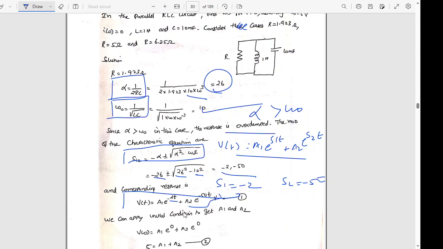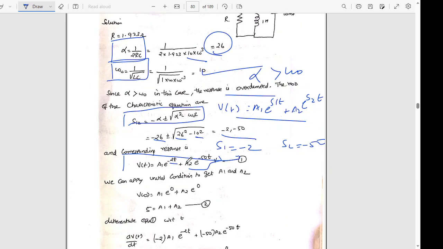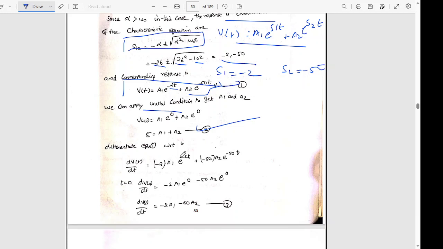Now we need to find the constants a1 and a2. The constants we can find by applying the initial condition. First put t equal to 0: v of 0 equal to a1 e power 0 plus a2 e power 0. So we will get v of 0 equal to a1 plus a2. That is equation number 2. Let us differentiate equation number 1 with respect to t.